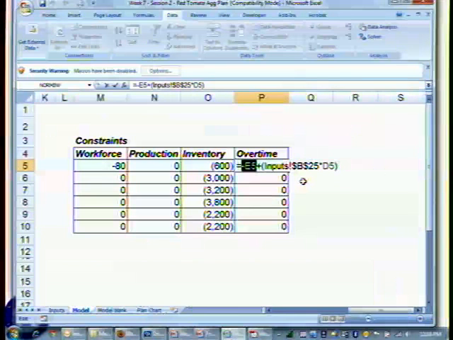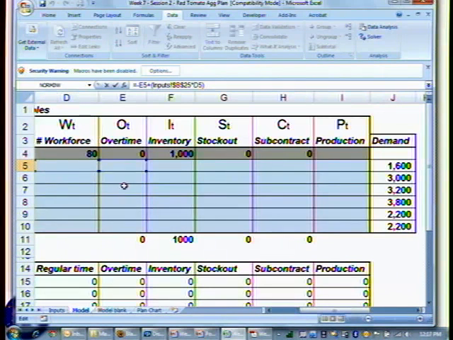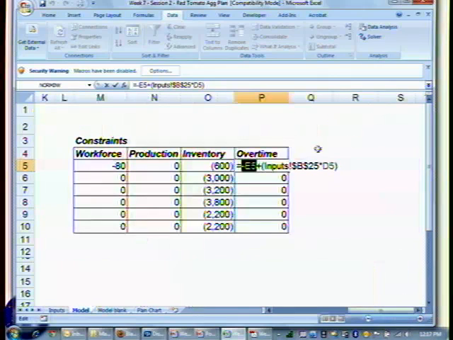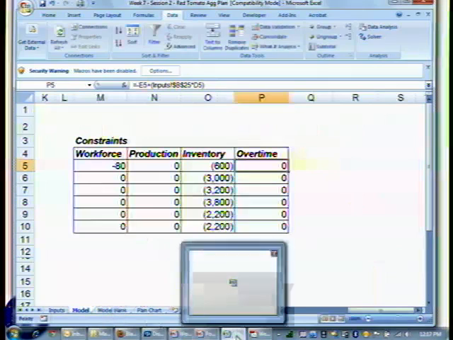This here is the calculation of the number of hours multiplied by the hours per unit times the D5, which is the number of workforce, the calculation of your total workforce. So again, all of the details are provided in the outline.